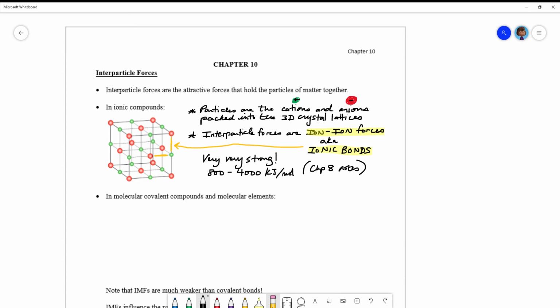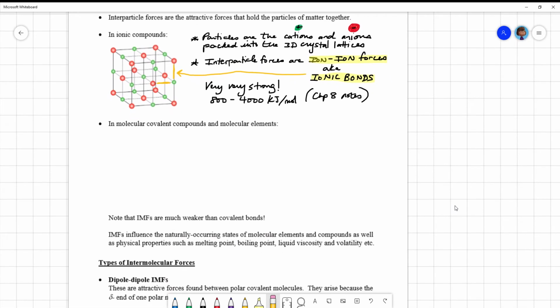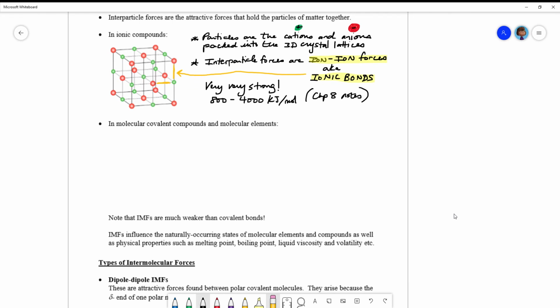Now, in this particular chapter, we're going to be focusing a lot more, not on the interparticle forces in ionic compounds, but instead on the interparticle forces in covalent compounds and in molecular elements. And so that's what we're going to look at next. In molecular covalent compounds and molecular elements, the particles of matter are molecules. So let's note that first.